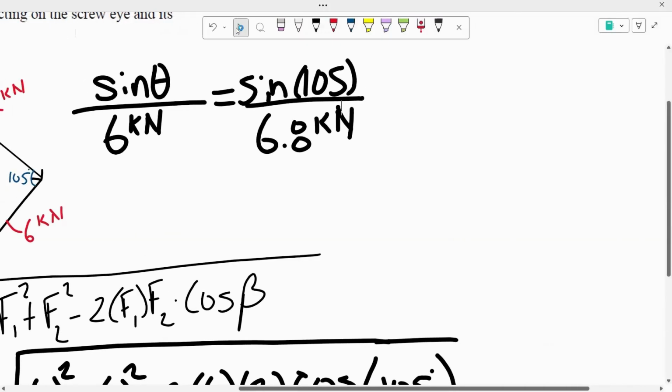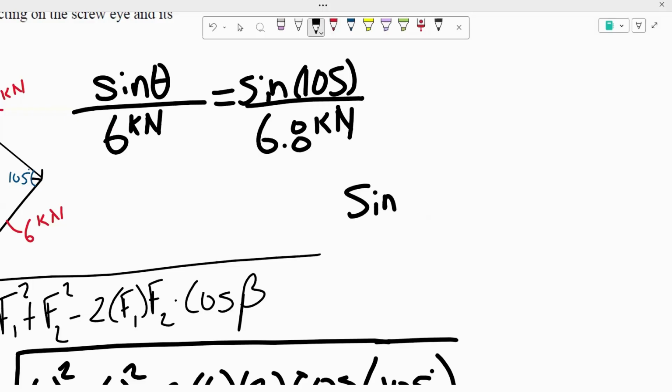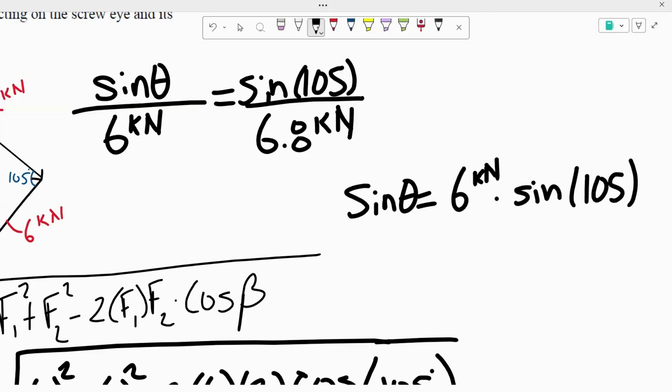Sine theta is equal to, we move the 6 kilonewtons to the other side by multiplying, so we get 6 kilonewtons times sine of 105 over 6.8 kilonewtons.